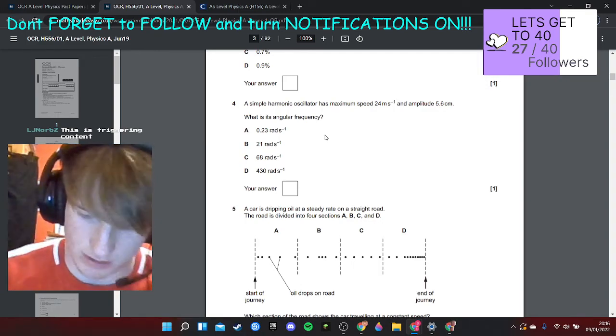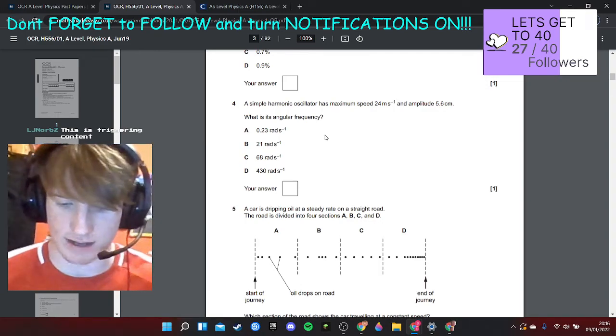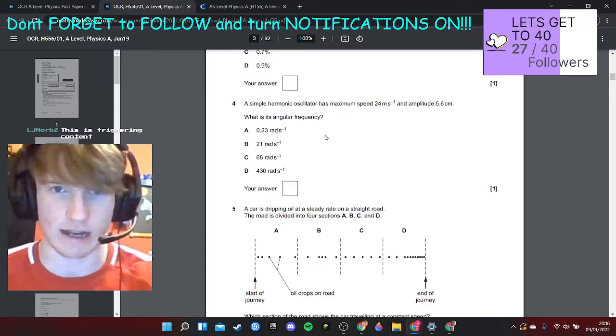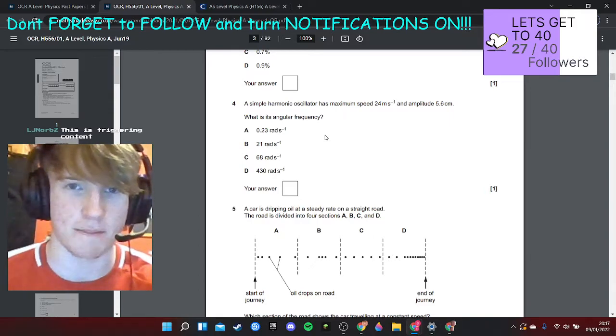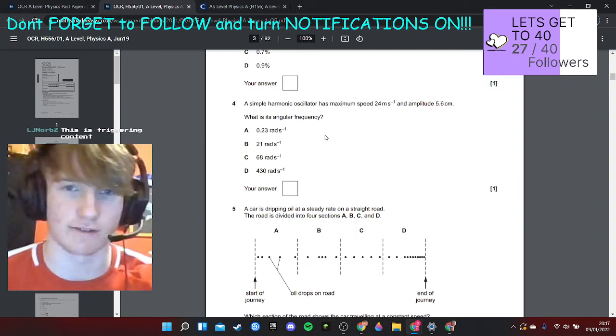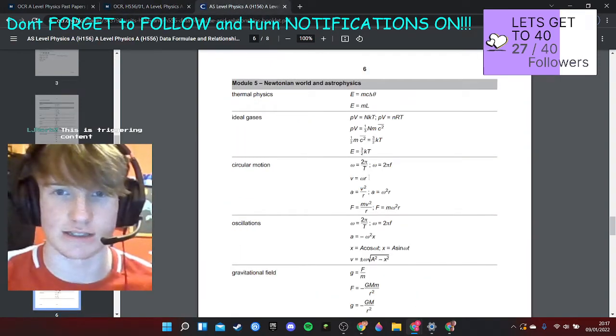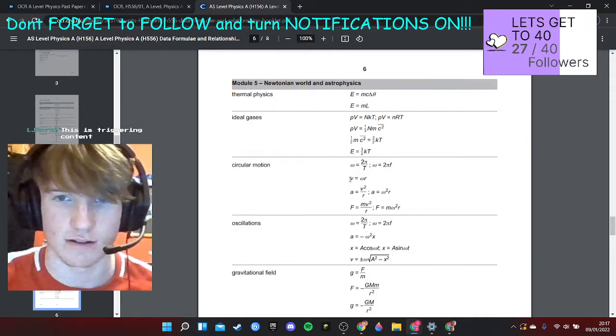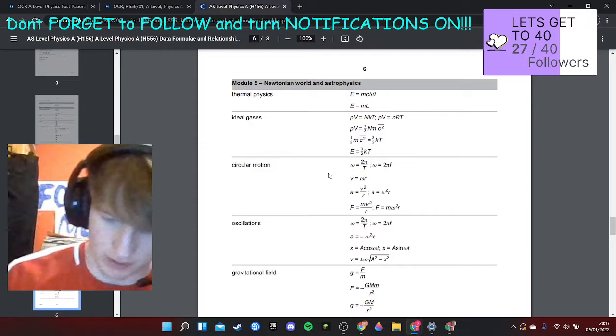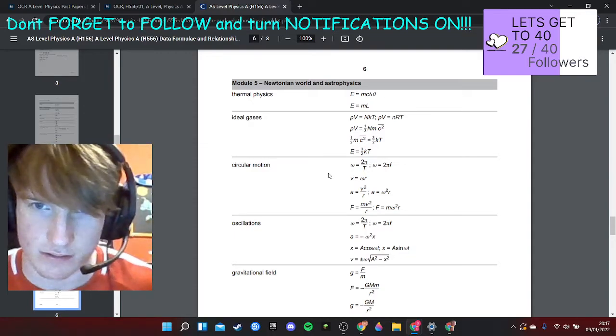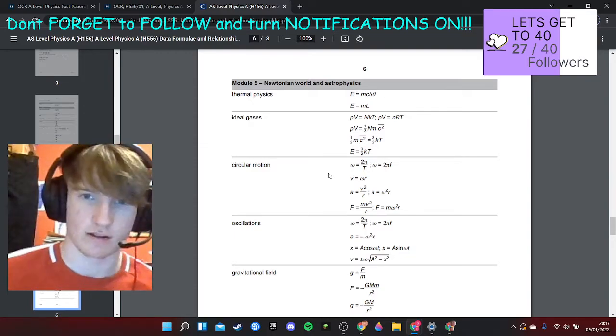We're gonna have to get an angular speed value because it gives me a maximum speed and not an angular velocity value. So if we look at the data sheet, it gives us v equals angular speed times r. So I'm gonna write that down.